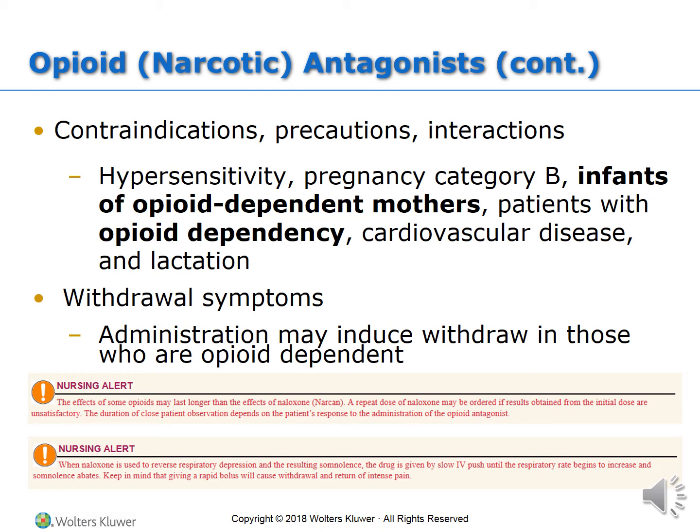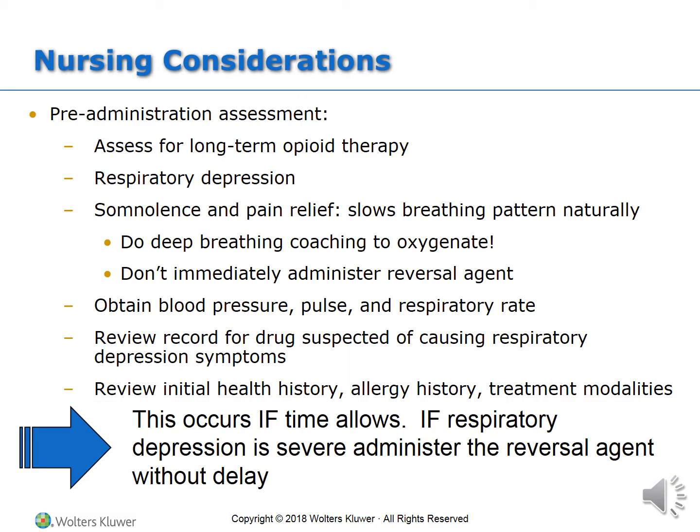The intent is never to slam it so the person immediately pops back. It will overwhelm the senses. There's a bigger chance of withdrawal. And again, it can cause that acute pain to come back very quickly and cause a lot of distress to the patient.